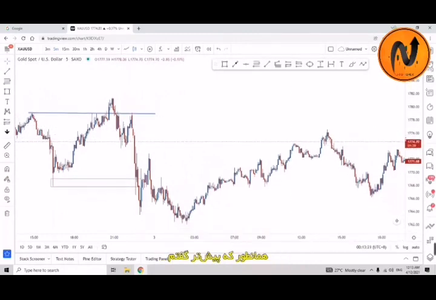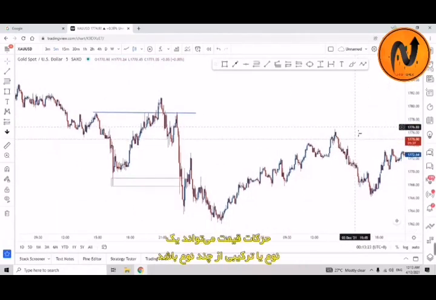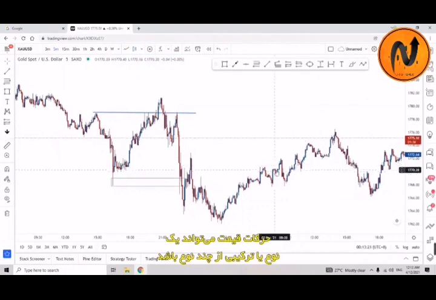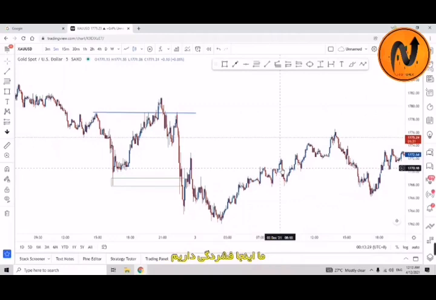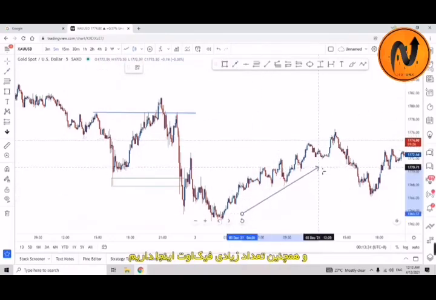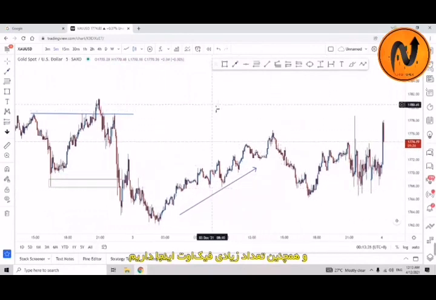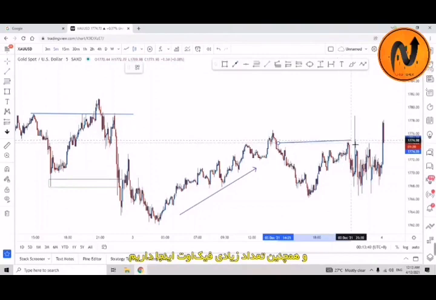Like what I've explained earlier, the price action can be a single price action or a combination of price action. So what we have here is compression, and we have fake out. We have a lot of fake out over here.